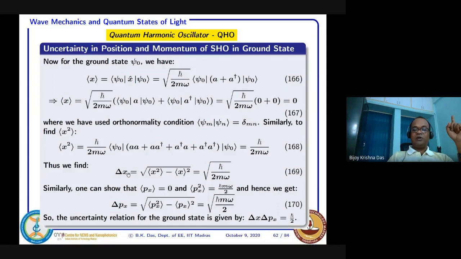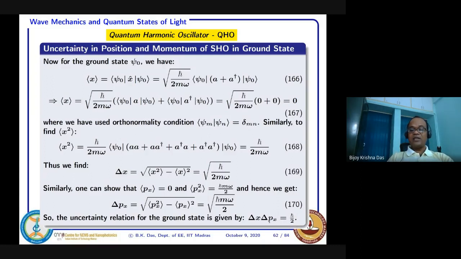Now delta x and delta px, if you multiply them, you get exactly h cut by 2. So delta x delta px equals h bar by 2. This relates to the uncertainty principle that we derived earlier: if there are two operators A and B, delta A delta B is greater than or equal to h cut by 2.